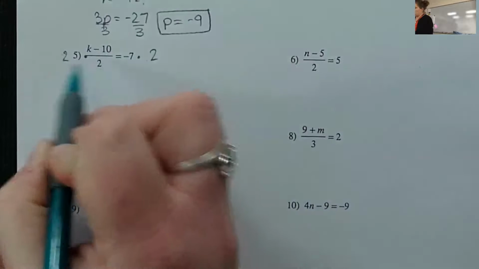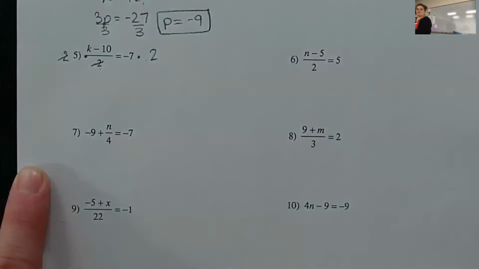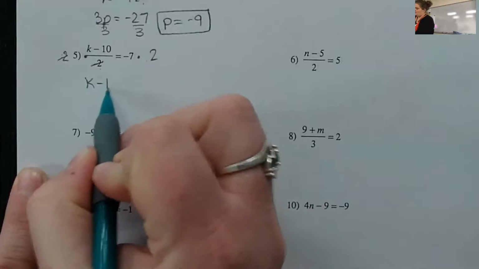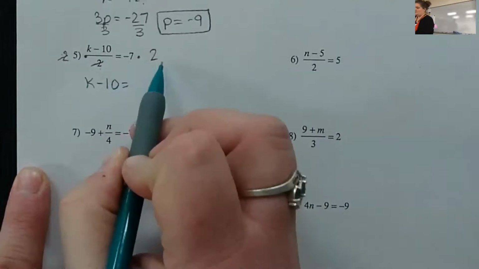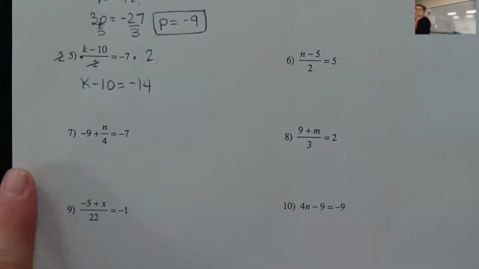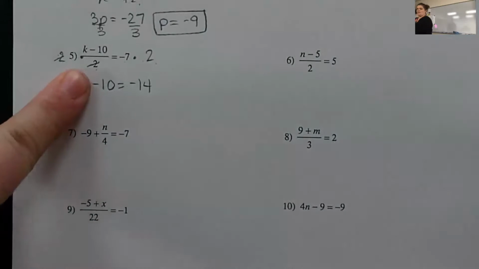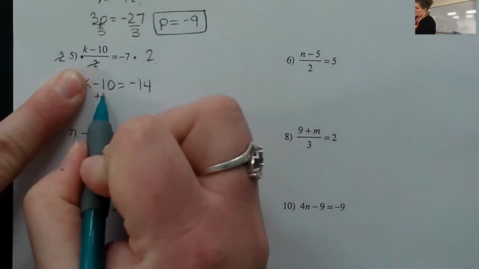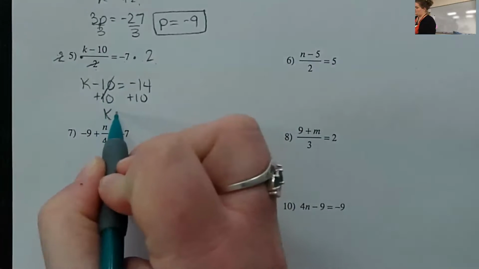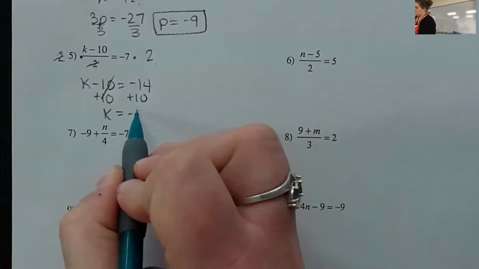If I multiply those by 2, those just cancel each other out, okay? Now I have k minus 10 on that side equals whatever negative 7 times 2 is, which is negative 14. Now cover up k. How do I get rid of a minus 10? I add it. Those are gone now. I have k equals negative 4.